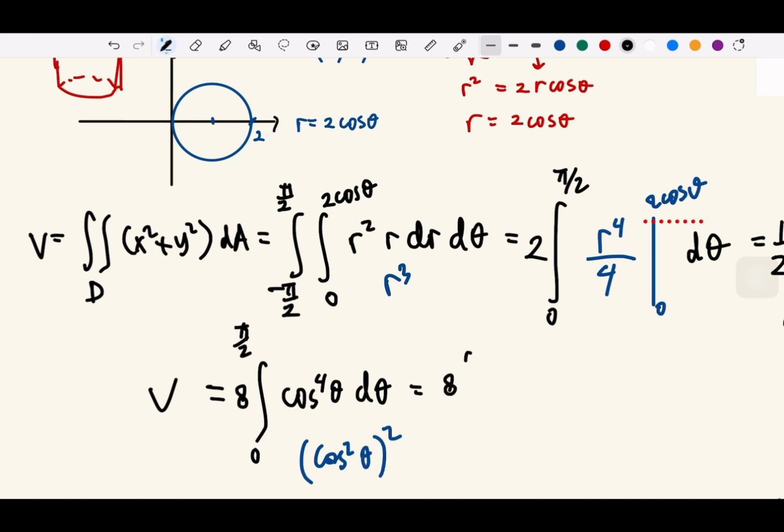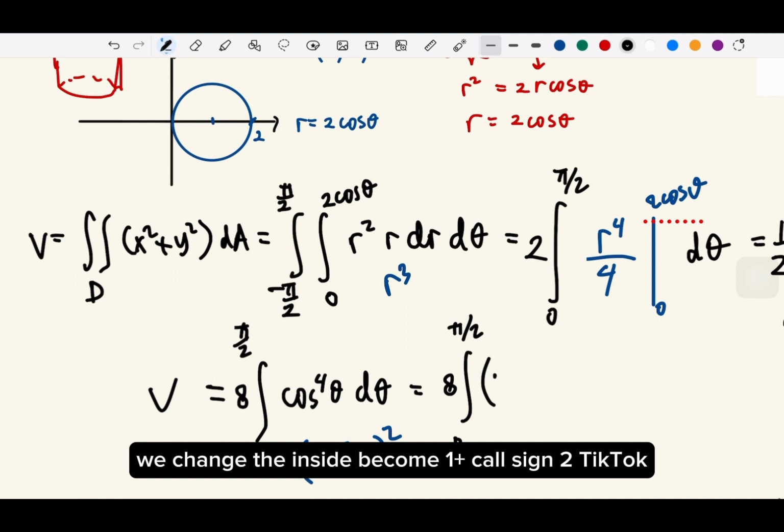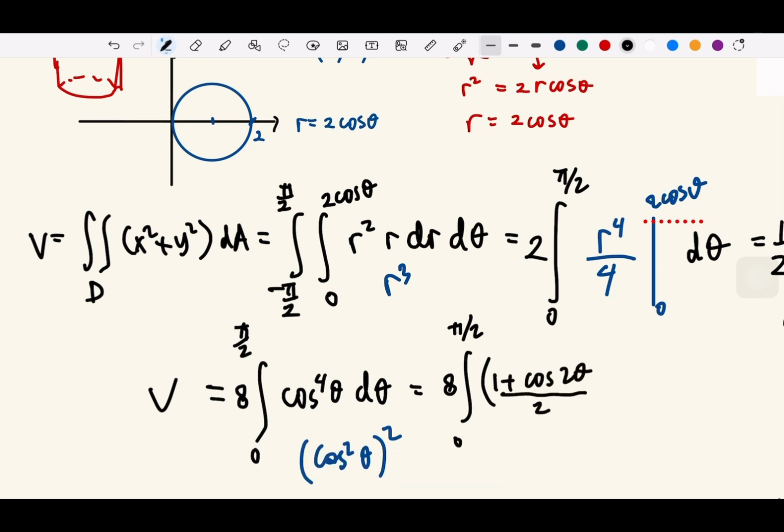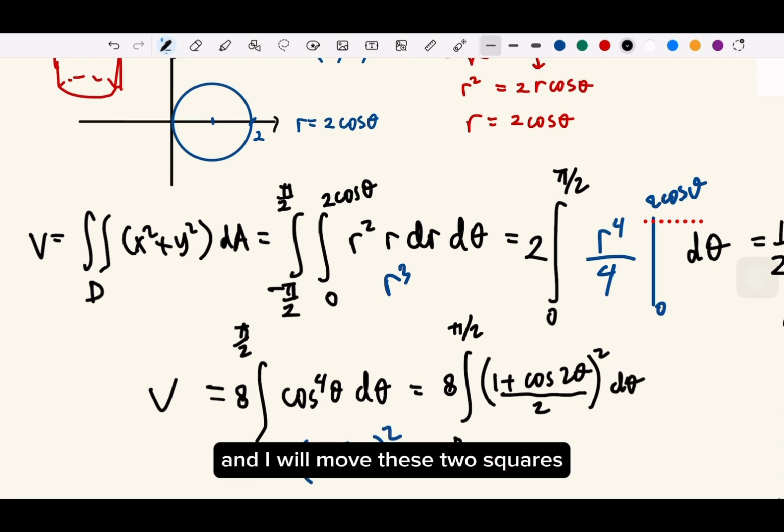So it will be 8. We change the inside to become 1 plus cosine 2 theta divided by 2, squared. And I will move these 2 squared, so 4, outside here, so it will be 2.